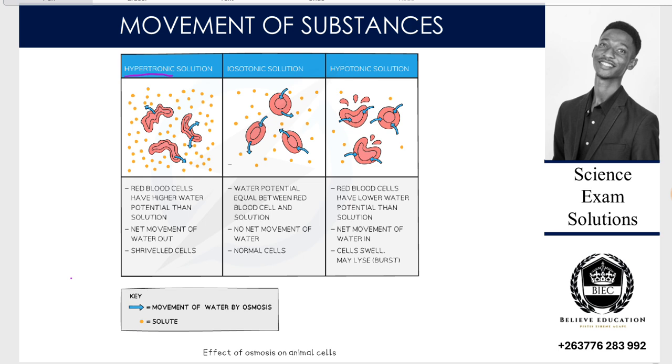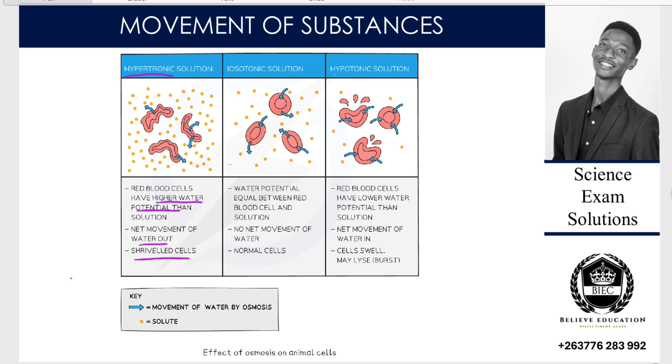Then those cells become crenated. As we can see, the red blood cells have a higher water potential than the solution, so the net movement of water is out. Then the cells become shriveled cells.